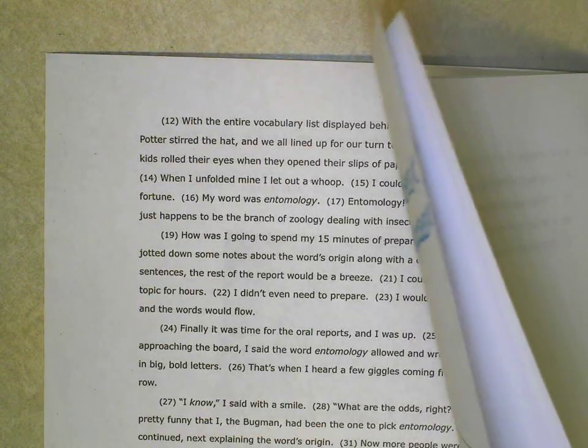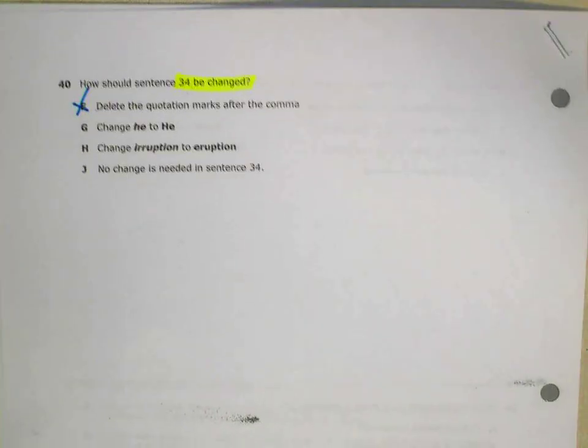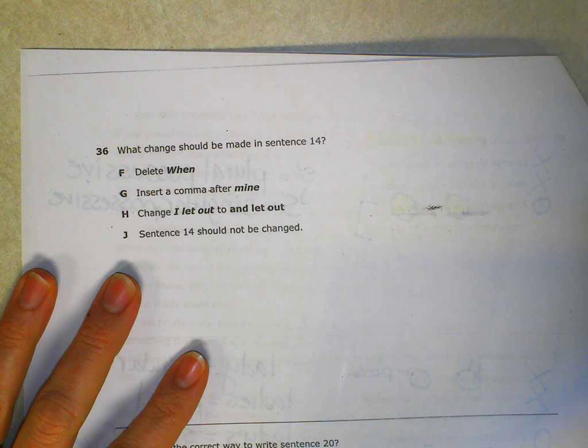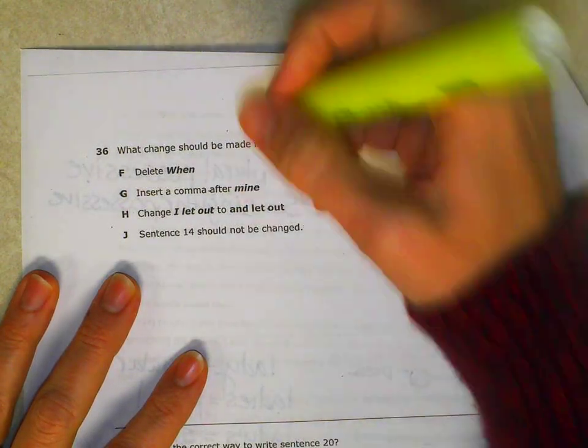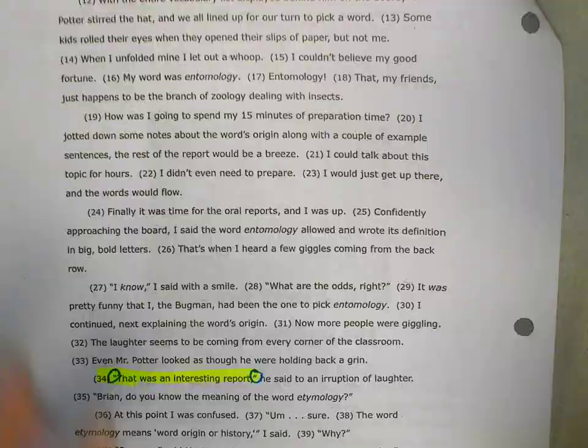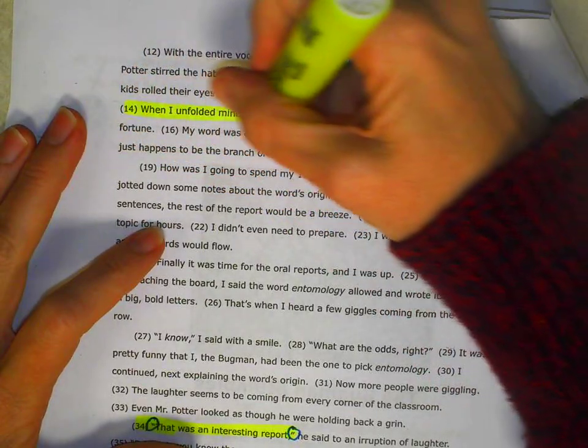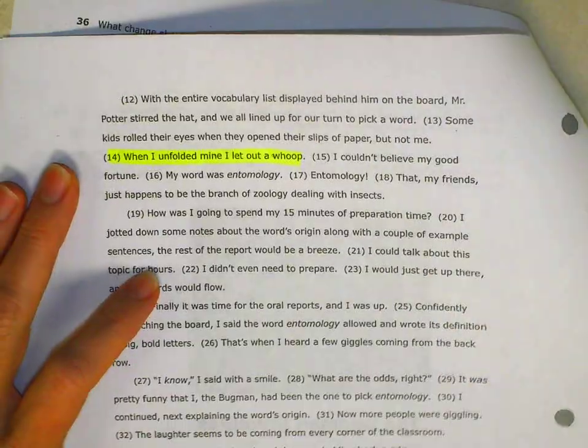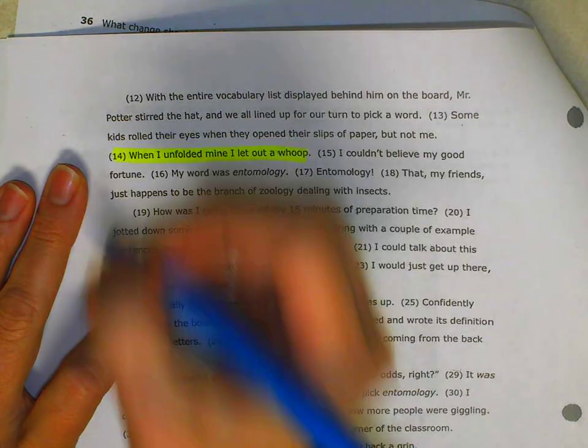Let me look at sentence 14 because I want to go over this too. What change should be made to sentence 14? So when I'm reading this, even without looking at my answer choices, I should see, when I unfolded mine, I let out a whoop. I circle my eyes.